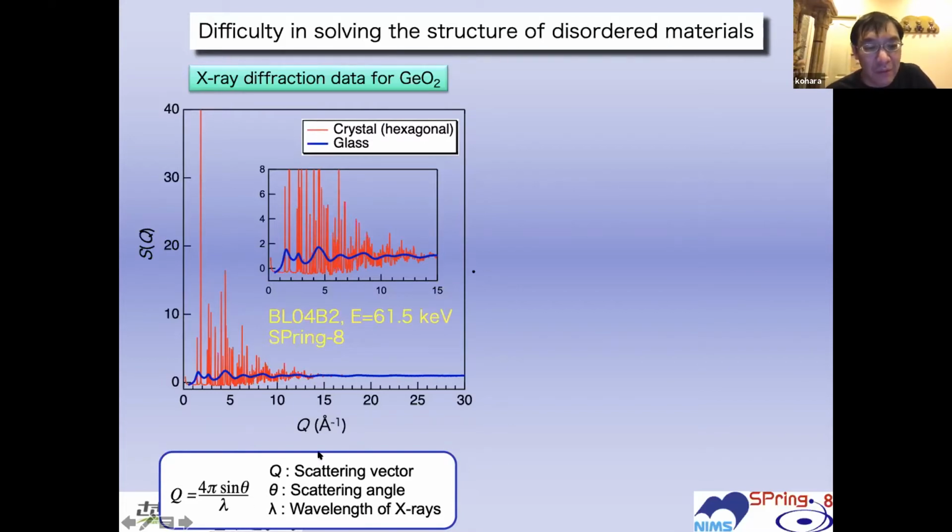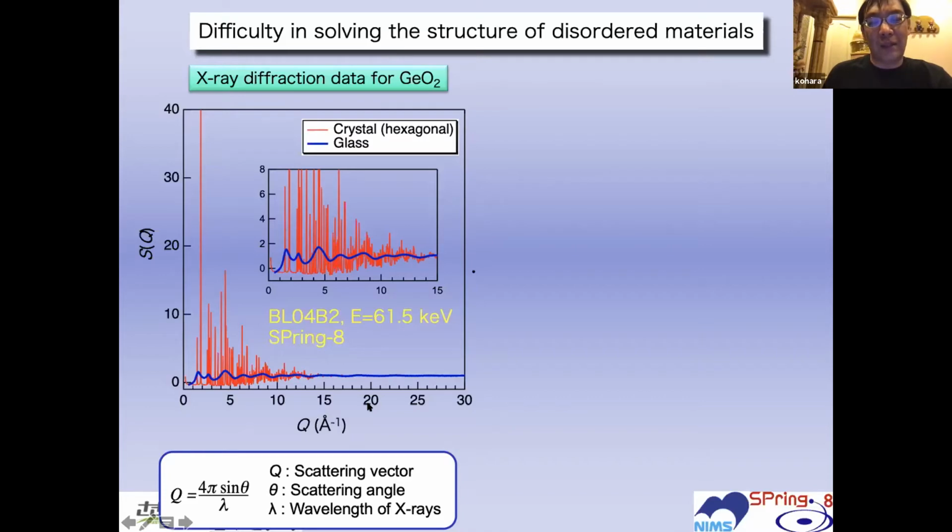So this is Q-space data, and the data is usually normalized to the structure factor. In the case of the crystalline phase, we can observe very sharp Bragg peaks because the crystalline phase has very well-defined periodicity. On the other hand, the glassy phase shows a very, very broad, so-called halo pattern.